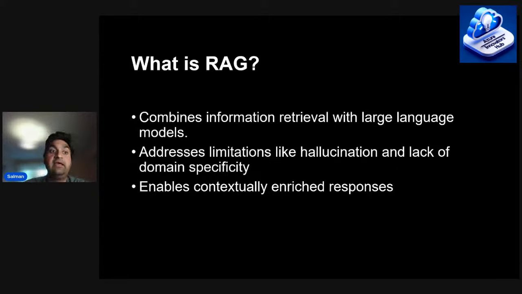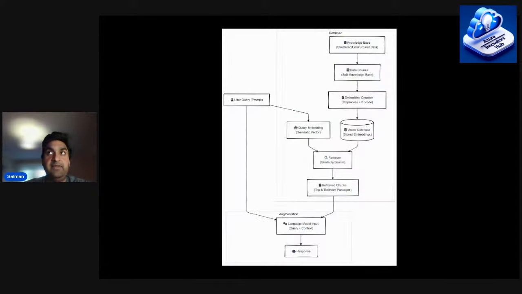By grounding your LLMs on a knowledge base, it addresses the limitation of hallucination, can provide citations which you can trace back to your knowledge repository, and offers explainability as well. Now let's look at a very basic RAG pipeline and try to understand how it works. As with all LLM systems, you have a user prompt.